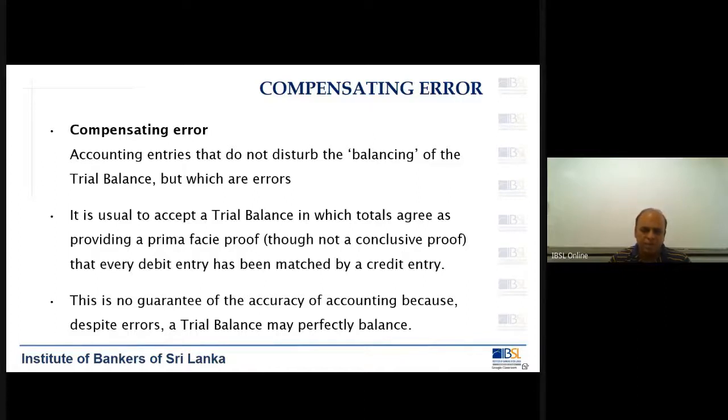Now, based on that trial balance, you prepare the financial statements also. There won't be any problem. But the question is whether the financial statements are accurate with all these errors.